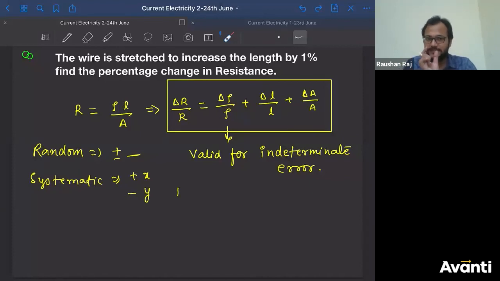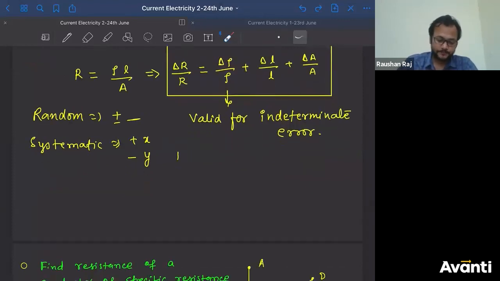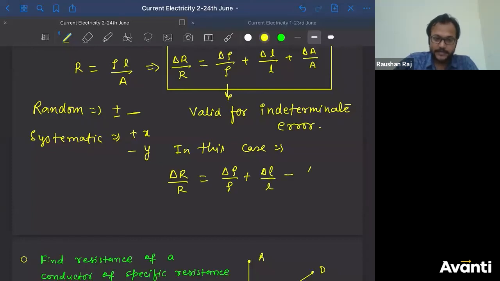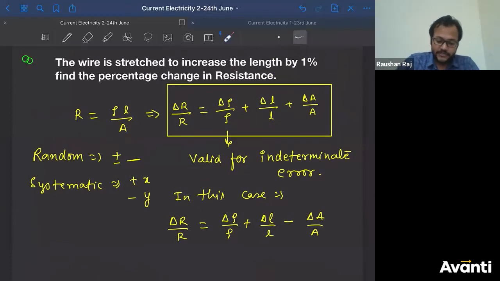No, we have only one sign, positive or negative. So in this case, we have to write delta R by R will be equal to delta rho by rho plus delta L by L minus delta A by A. In division, relative error will be subtracted in case of systematic error.